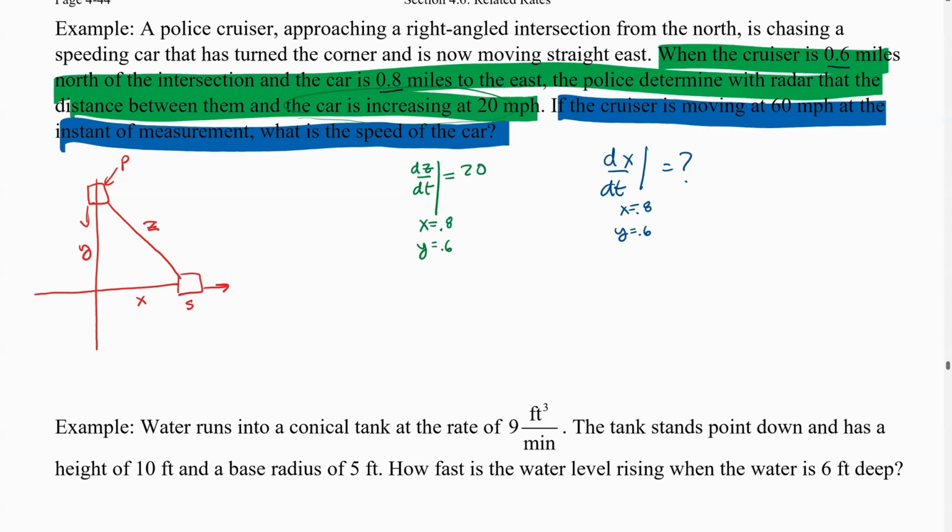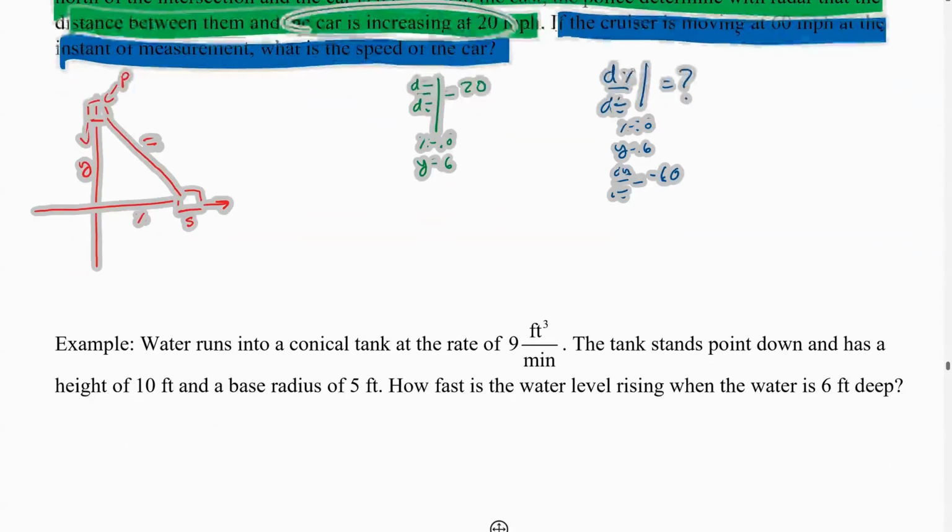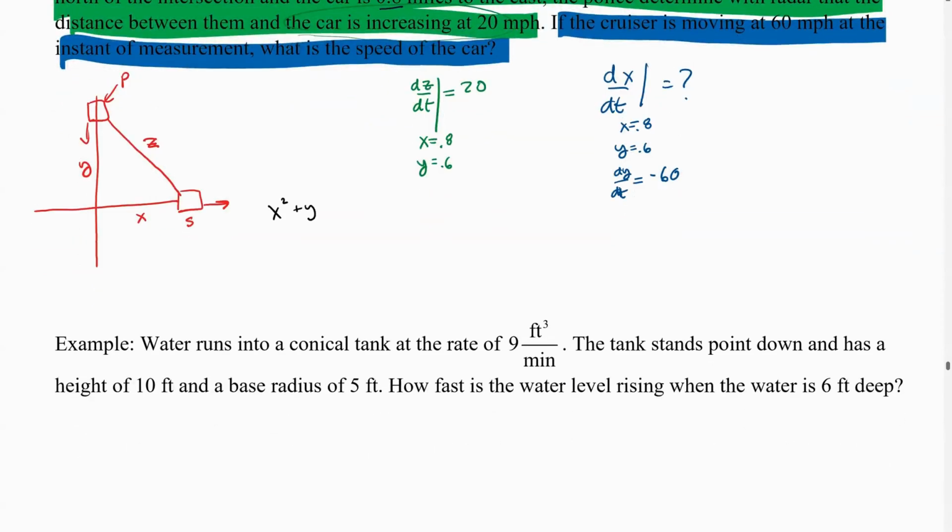Oh, and we're told one other thing. The cruiser is moving 60 miles an hour. That is saying that dy dt is 60? No, negative 60. This value of y is getting smaller and smaller, so it's got to be a negative rate of change. Our last trick here is that we are going to write an equation that ties these variables together. How about x squared plus y squared is equal to z squared?